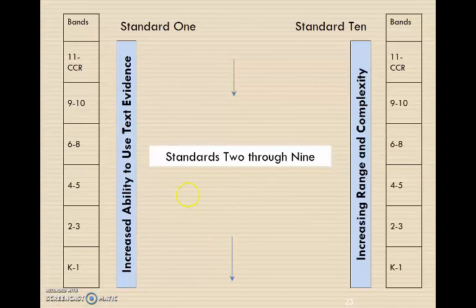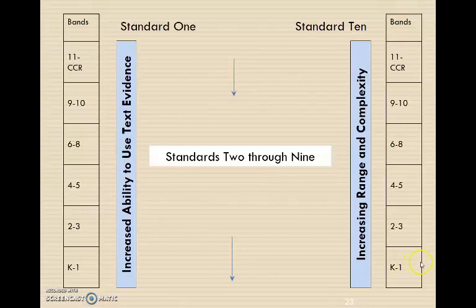Because we want students to always think about using text evidence to answer questions, or in their writing, or in their oral presentations. And we also want to give them complex text. So the Common Core uses grade level bands to determine text complexity.